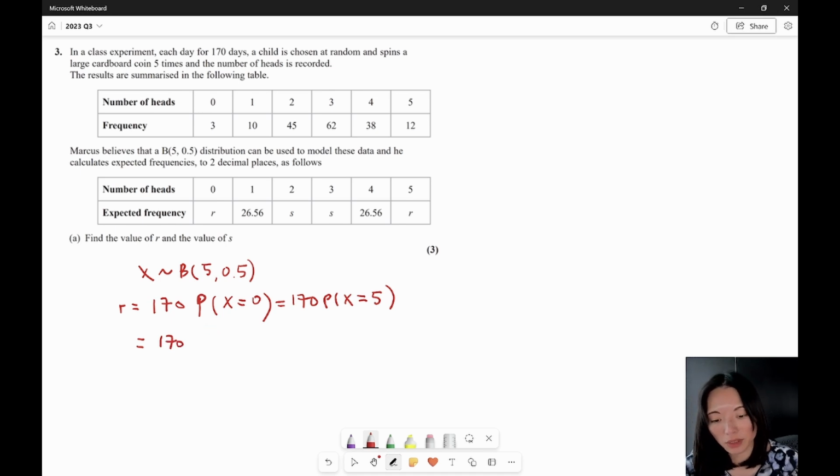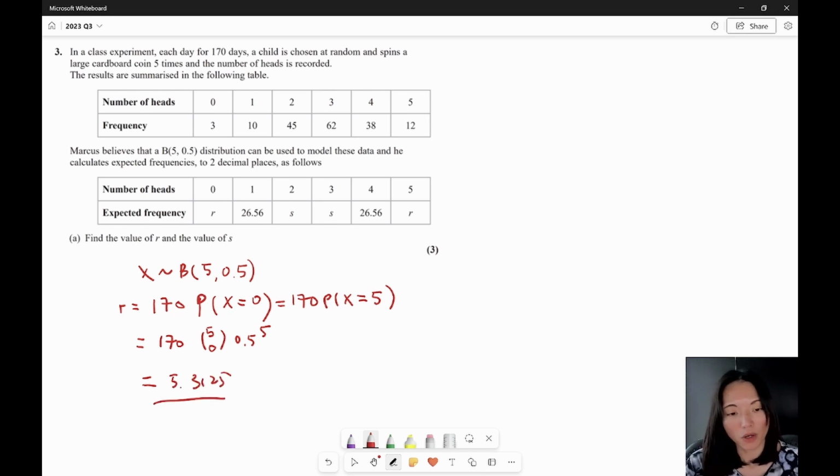Probability of X equals 0 is simply 5 choose 0, which is 1, and then basically there's no success. We're saying it's 0.5 to the 5. Using our calculator, we get this value to be 5.3125. So that's our value of R.